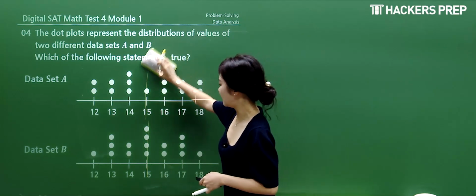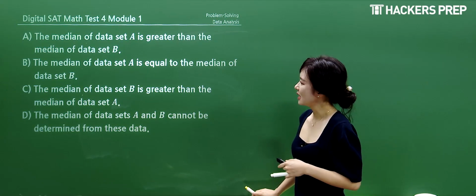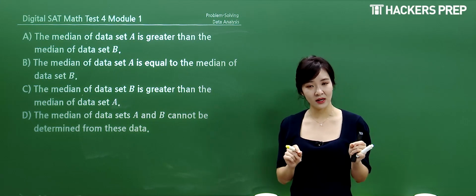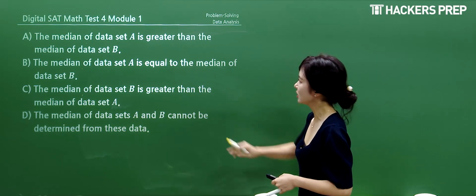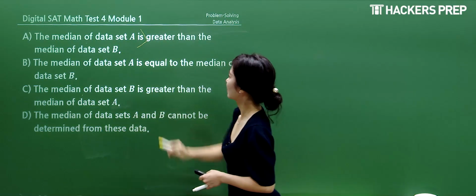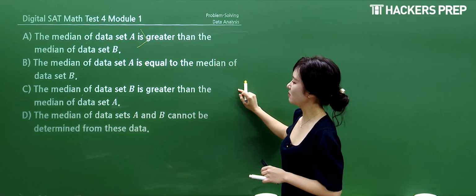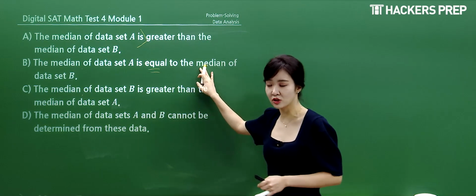So as you can see, going back onto the next page for all the options, let's look for an answer where they're saying the median of data set A is equal to or pretty consistent with the median of data set B. So this one is talking about data set A is greater than B, so maybe not our best answer. B talks about the median of data set A is equal to, so okay, this one potentially.